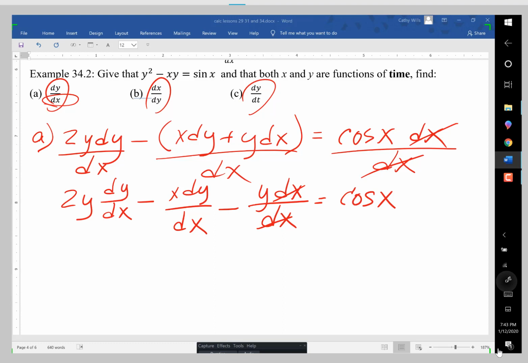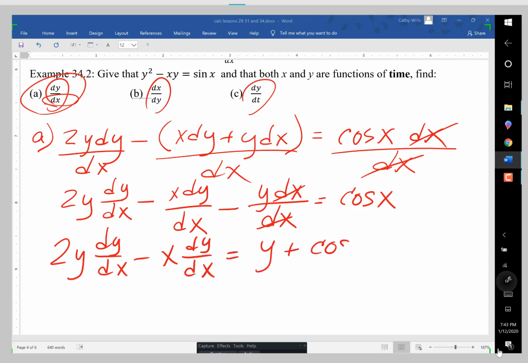All right, so we're looking for dy/dx, so now we're going to isolate dy/dx. So everything with a dy/dx I'll put on the left, so 2y dy/dx minus x dy/dx equals y plus cosine x.